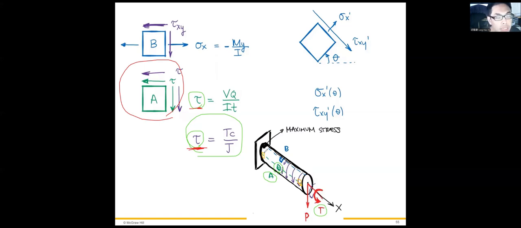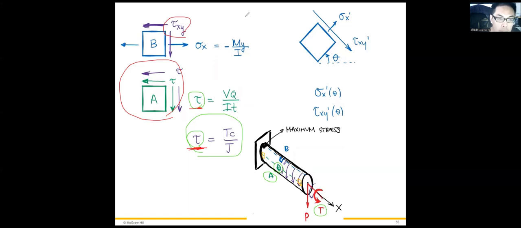So the second case is point B. The element B is on the top of this solid rod. The point B is still located at the surface of the solid rod. Therefore, it's still subjected to the shear from torsion, right? What else?